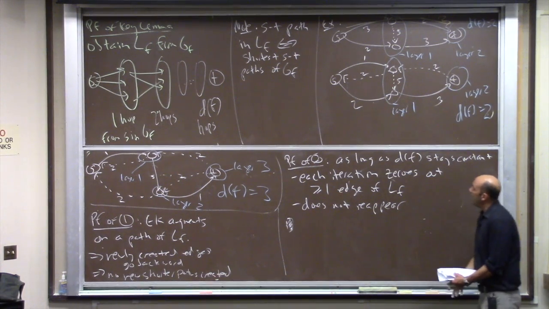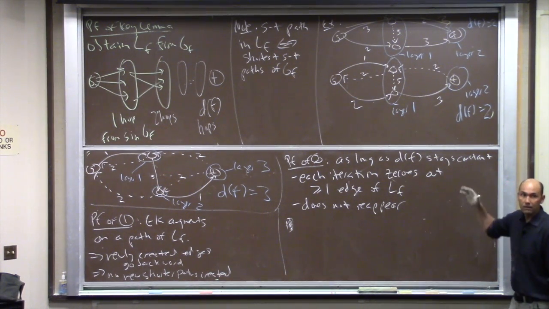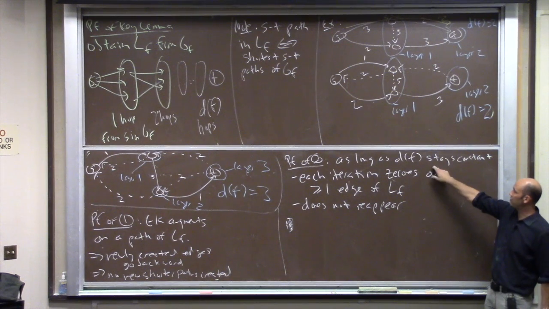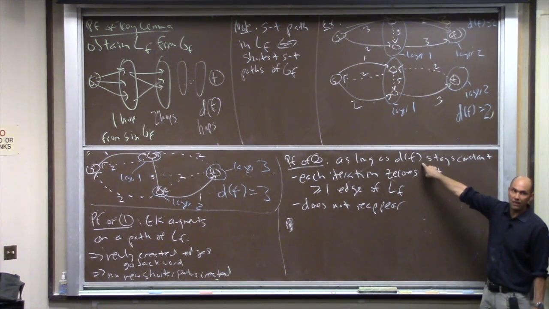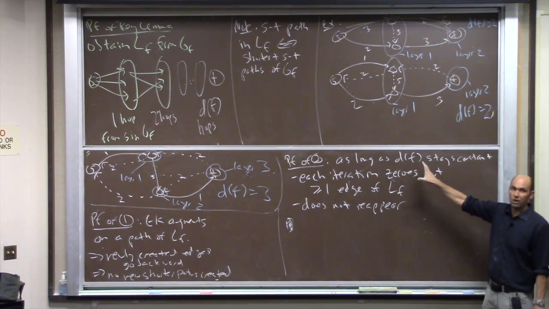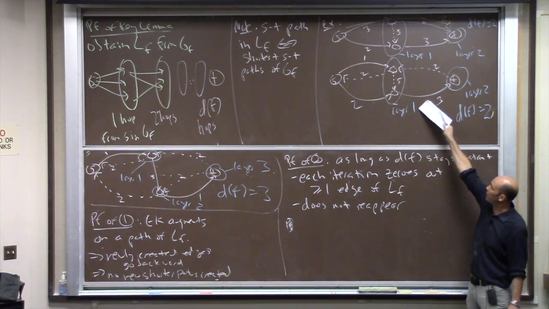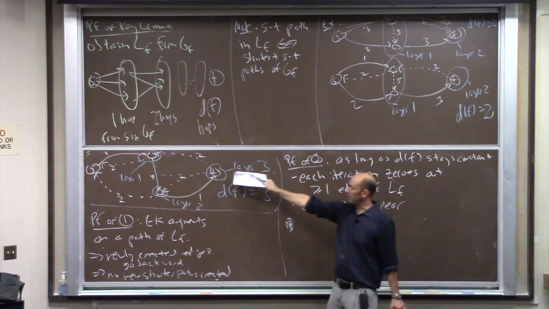One thing I want to point out is that when the shortest path distance does change, so remember all of this was just saying consider a sequence of iterations where the s-t distance stays the same. When the s-t distance actually goes up, then things can change quite a bit. That's like the difference between this network here and this network here.